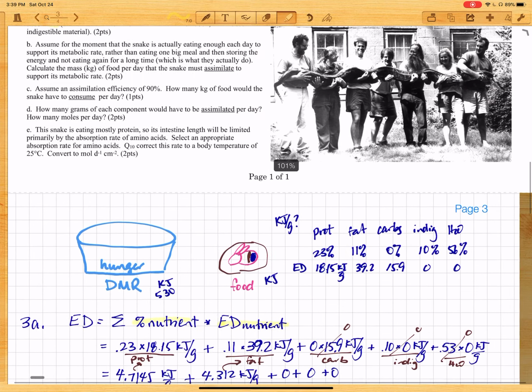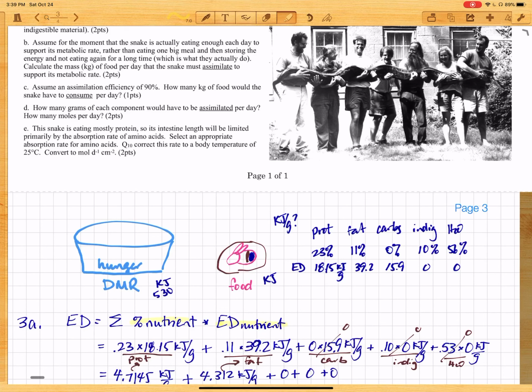Part B, okay, so assume that the snake is eating enough to support its metabolic rate each day. So what is the mass of food per day that the snake must assimilate to support its metabolic rate? It's just asking you how many grams of this food do you need to fill up this bucket?